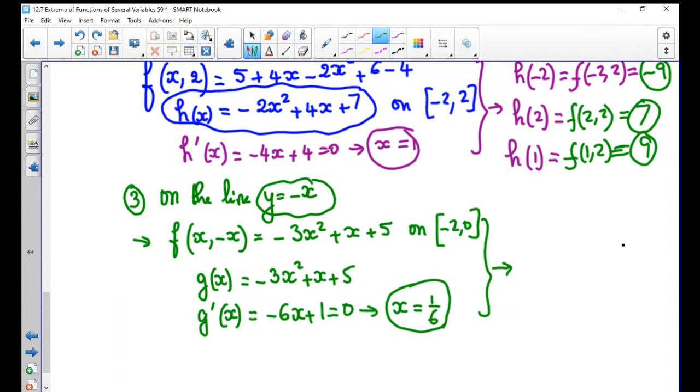And of course, if x is 1 over 6, then y will be minus 1 over 6. Yeah? Because y is equal to minus x. So therefore, now I have another 3 points, which are f of 1 over 6, minus 1 over 6.